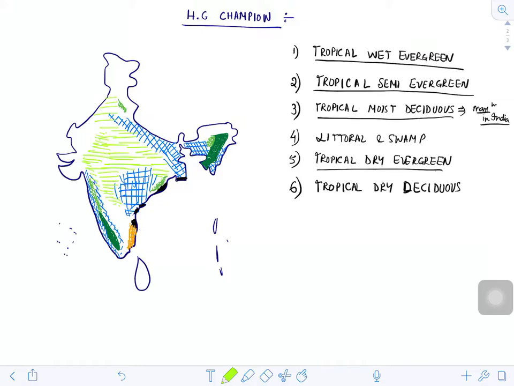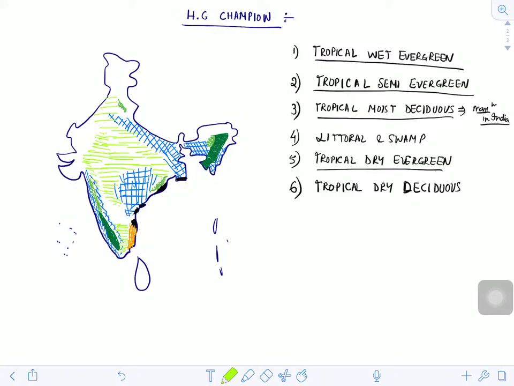As well as you'll find it on the leeward side, the drier side. The windward side receives the rain, but the leeward side does not, so you'll find it here.